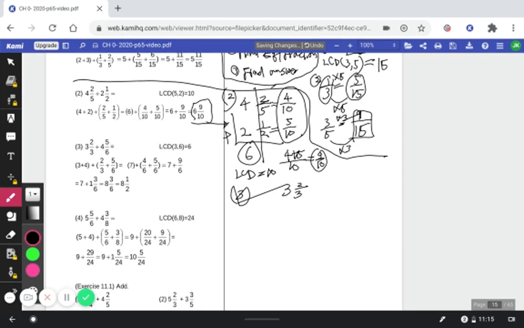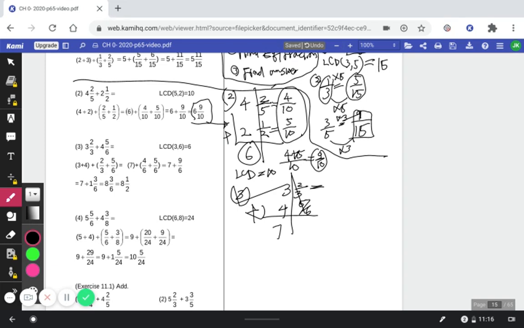And then you separate them, the integer portion together and the fractions together. So when you do that, 3 plus 4 becomes 7.